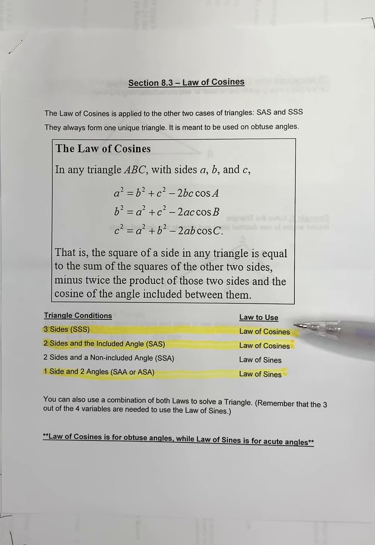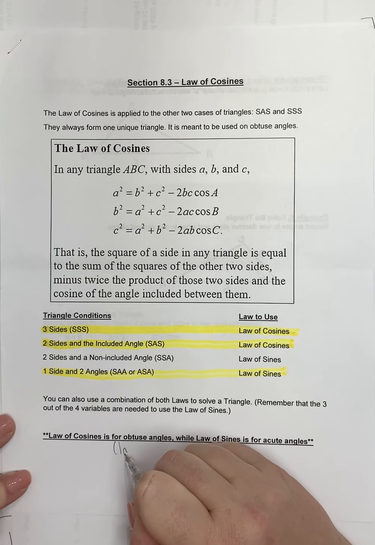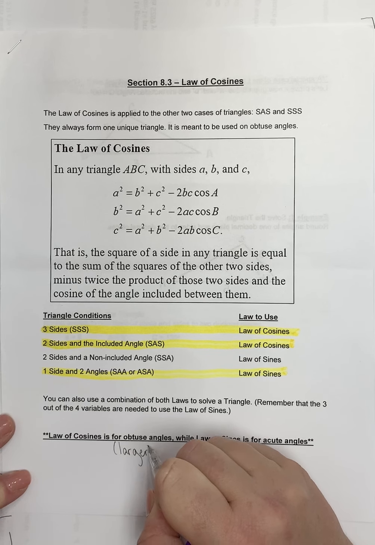Now, you can use a combination of both the law of sines and the law of cosines to solve these triangles, and that's what I like to do. Just remember, when you use the law of sines, you have to have 3 of the 4 variables. Also remember, the law of cosines is for the obtuse angles, so this would be the larger missing angle of the triangle.